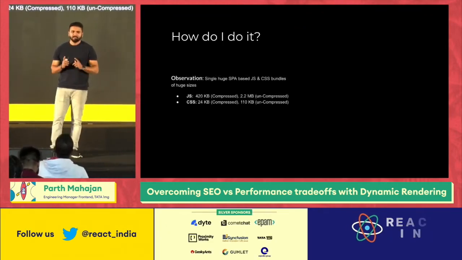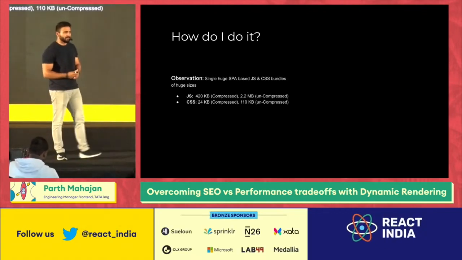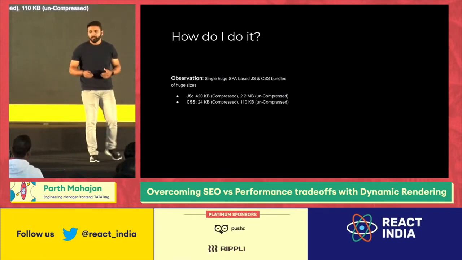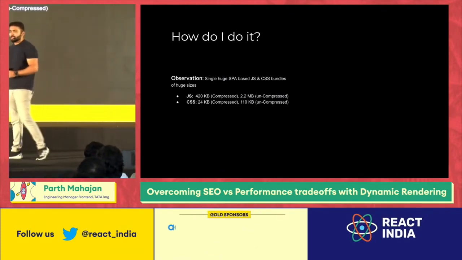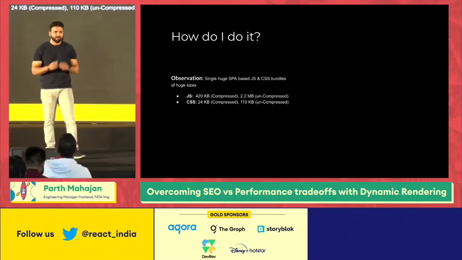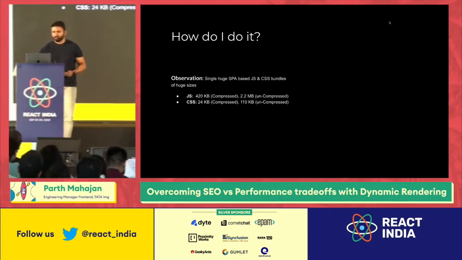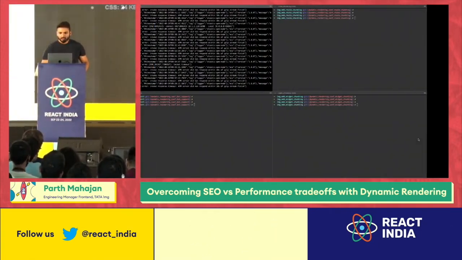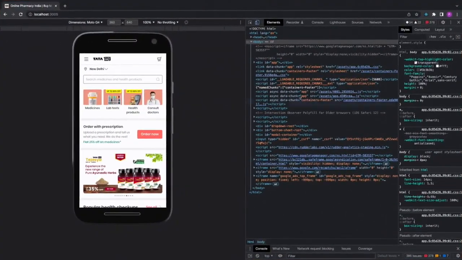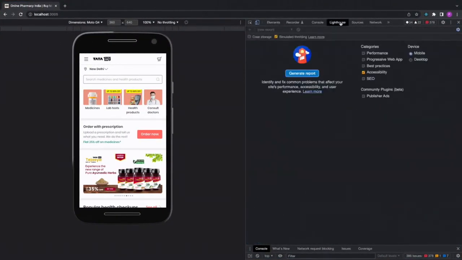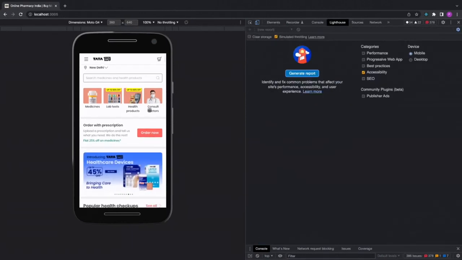So we start with a simple observation. Generally when we are developing single-page applications with either React or Angular, it bundles everything into a single JavaScript file and CSS file, which we include in our HTML, and the file sizes generally grow, right? So over here, this is a demo app, a local copy of Tata 1MG's production application.